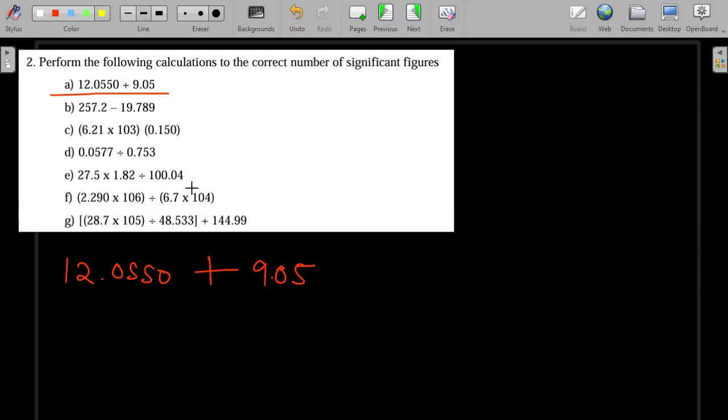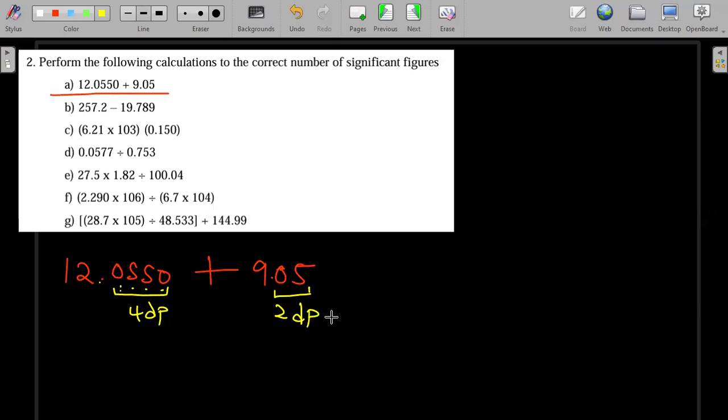So the rule when you're adding or subtracting numbers with different numbers of significant figures is that the answer should follow the number with the least number of decimal places. So this one here, after the decimal point, has how many numbers? 1, 2, 3, 4. So it has 4 decimal places. So we'll write 4 DP here. And this one, after the decimal point, has just 2. So it has 2 decimal places.